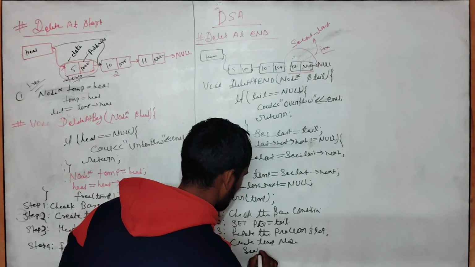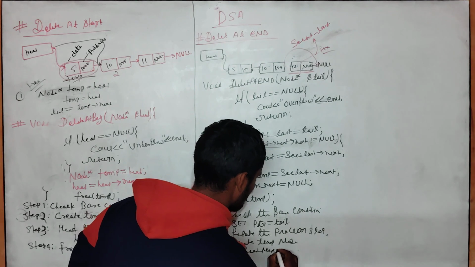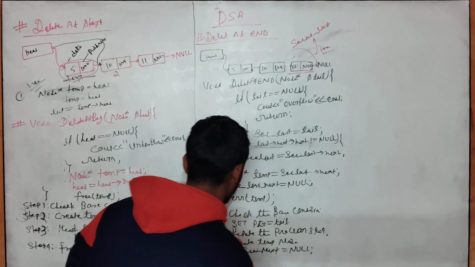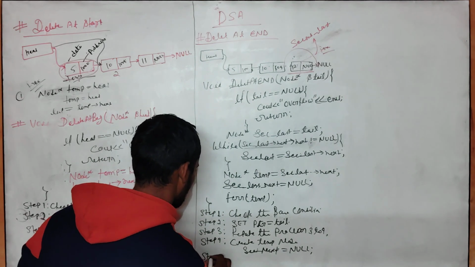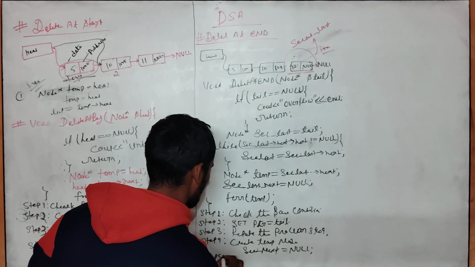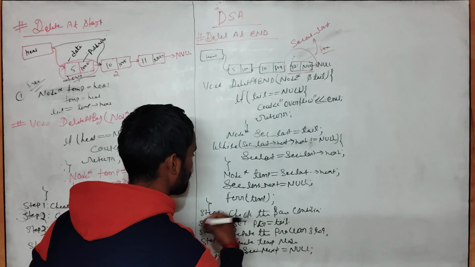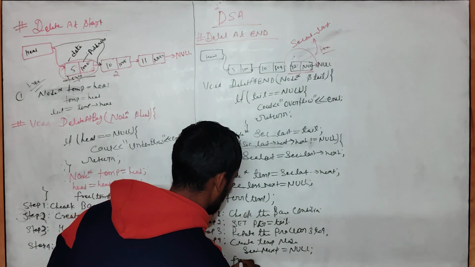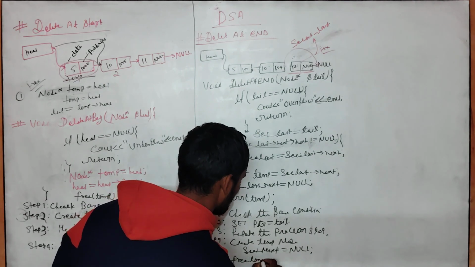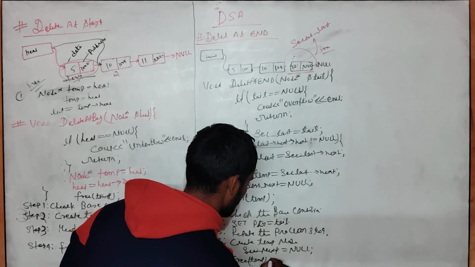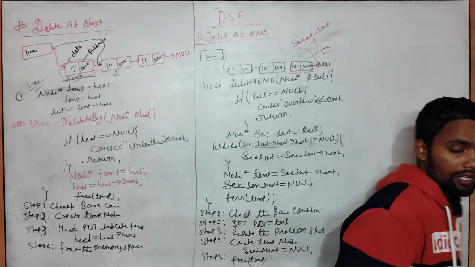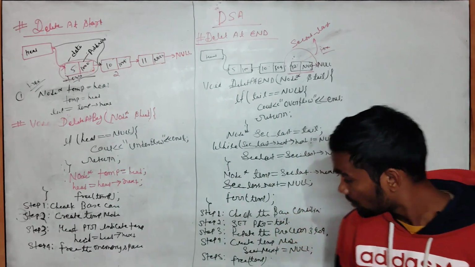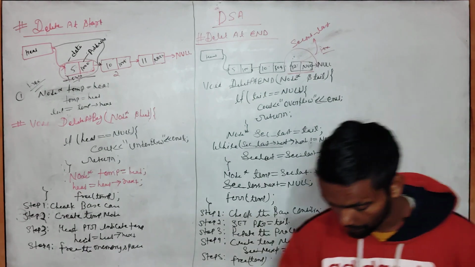Second next is equal to null. Then step 5: free temp. This is your algo.